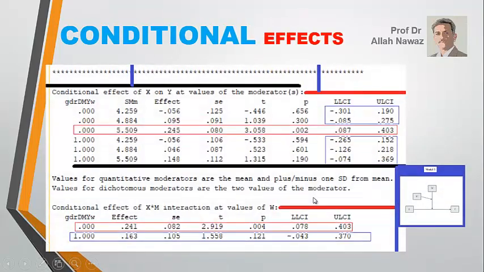The next and the most important output from the use of Model 3 in process macro is the actual results which help the researcher to answer the research questions or test the hypothesis. For example, conditional effect of x on y at the values of moderators.